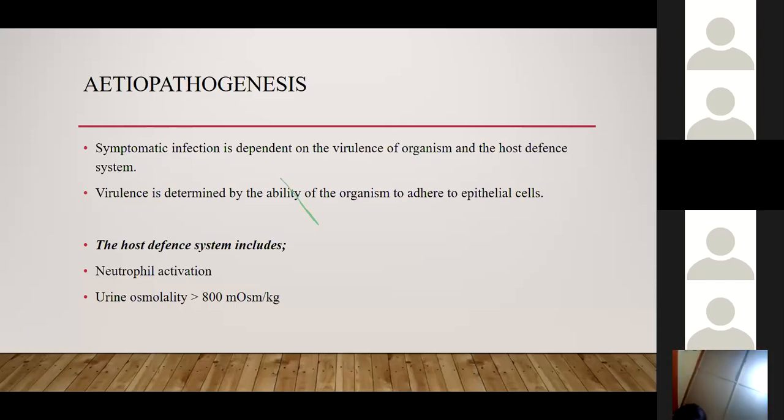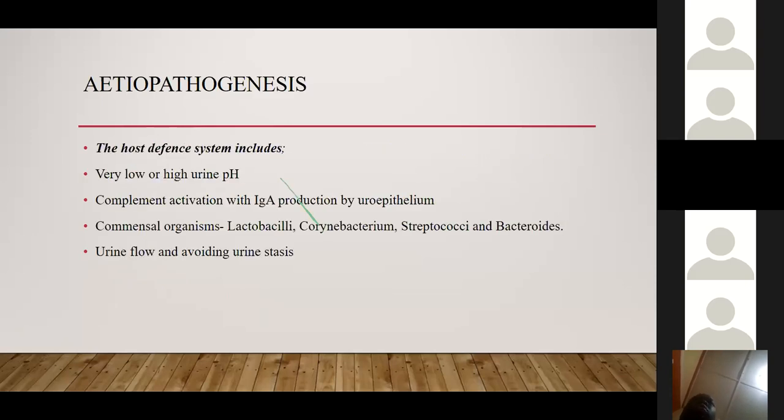Also, the urine is made in such a way that the osmolality is high to be able to deal with these things. If you are taking any medication which is affecting the osmolality of the urine or affecting your urine pH and whatnot, there comes a risk where this patient becomes exposed to a UTI.